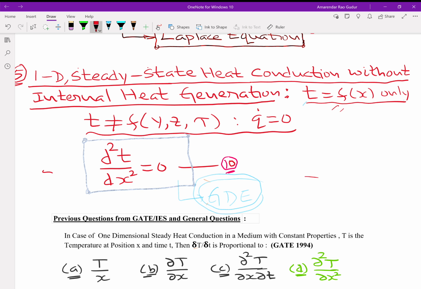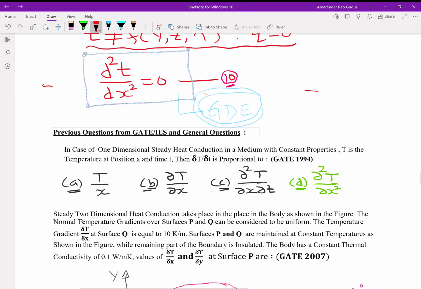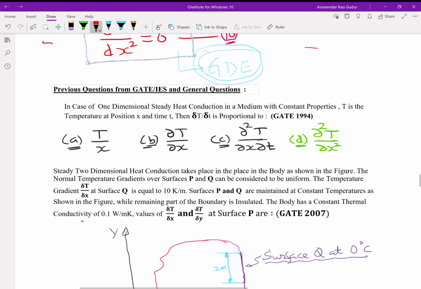Now based on this, one can formulate certain questions. First, let us see the questions that appeared in previous papers, IES as well as GATE. The first question appeared in 1994. In case of one-dimensional steady heat conduction in a medium with constant properties, that is isotropic and homogeneous material, capital T is the temperature at any position x and time small t, then del capital T by del small t is proportional to what?